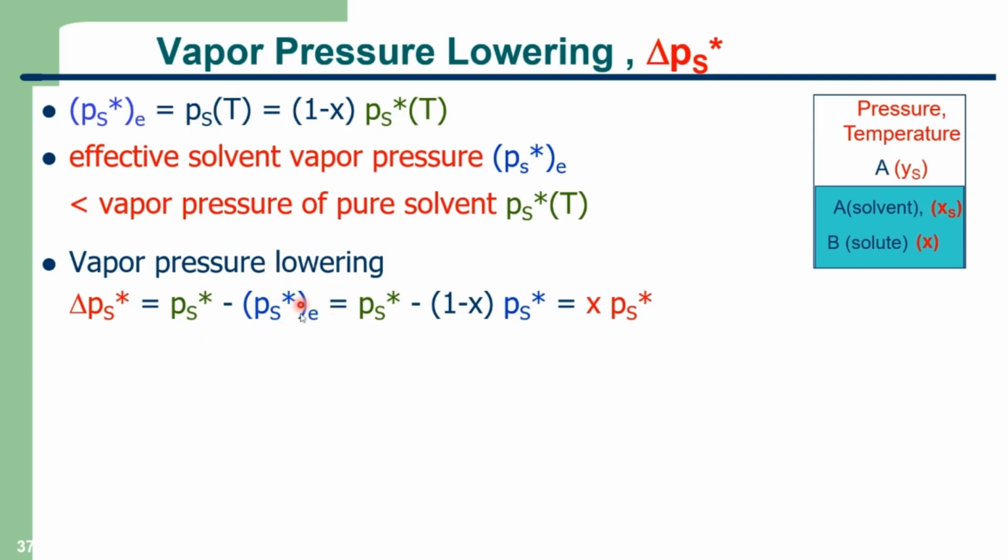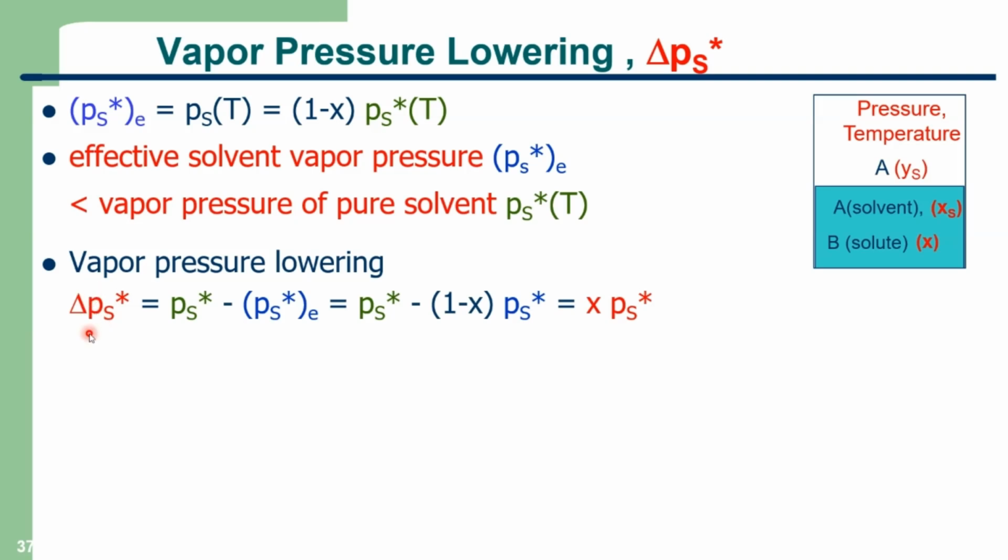So we know that this is equal to this one, and if we replace this here, what have we got? Delta PS star will be X times PS star. So what does that mean?